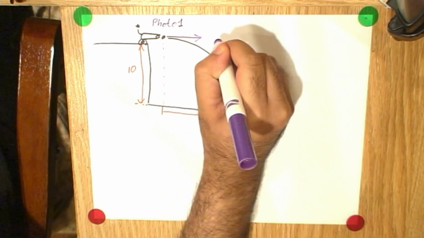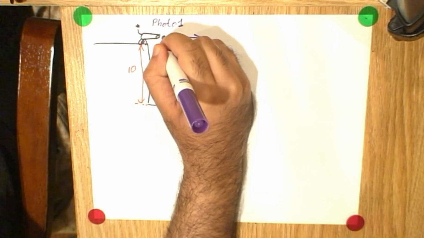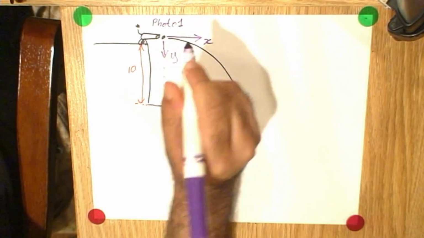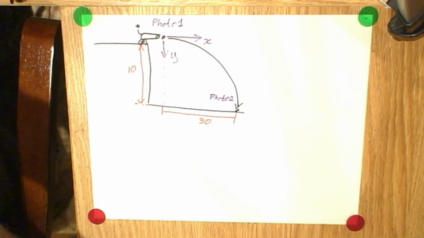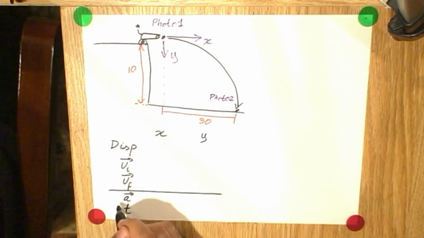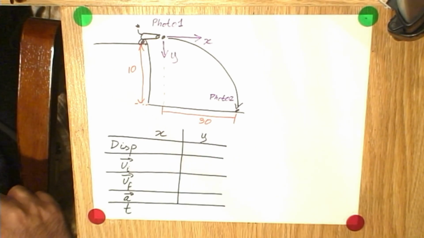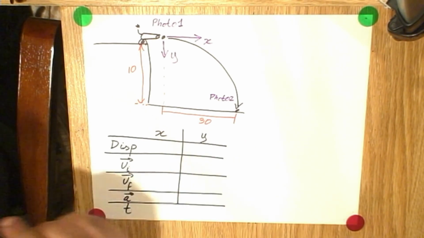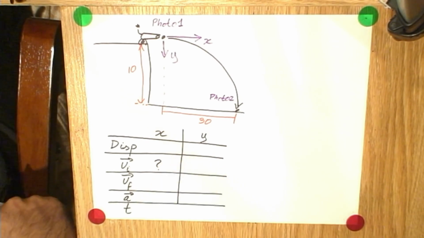So rightwards as the positive x-axis, and downwards as the positive y-axis. The question asked, what is the launch velocity of the cannonball? That's v initial in the x direction.